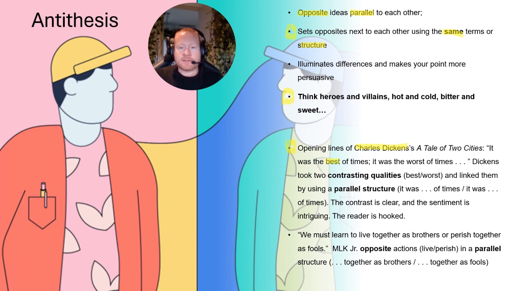So here we have best, we have worst, which are contrasting qualities, and a parallel structure: it was, it was. So think heroes and villains, hot and cold, bitter and sweet, opposites.